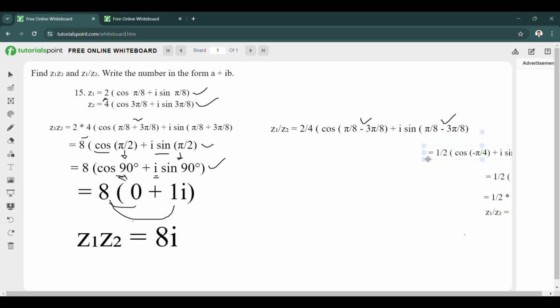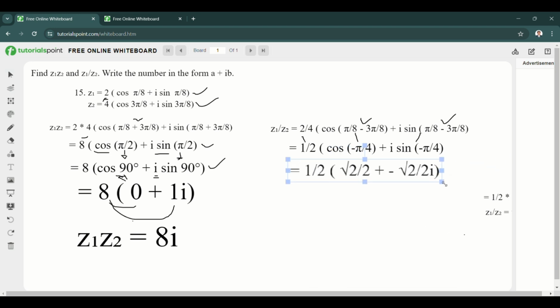So by evaluating these numbers, we'll have 1 half cosine negative pi over 4 plus i sine negative pi over 4, which is this one. By evaluating these numbers, the cosine and the sine of negative pi over 4, we will have square root of 2 over 2 plus negative square root of 2 over 2i.